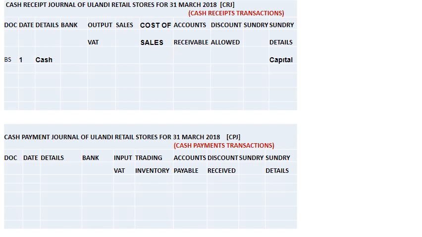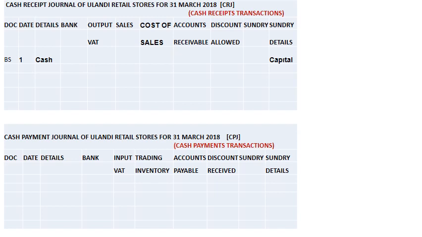The subsidiary journals are prepared in a columnar format showing the name of the subsidiary journal and the month on which transactions are made. Therefore, for our example, our cash receipt journal format will be as follows.